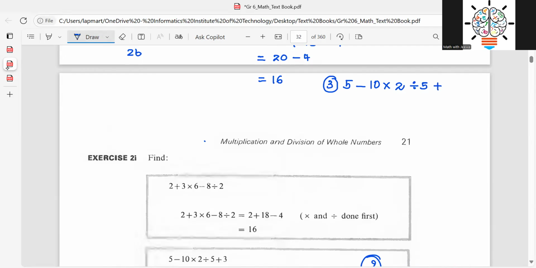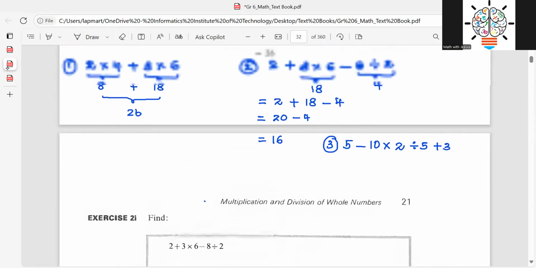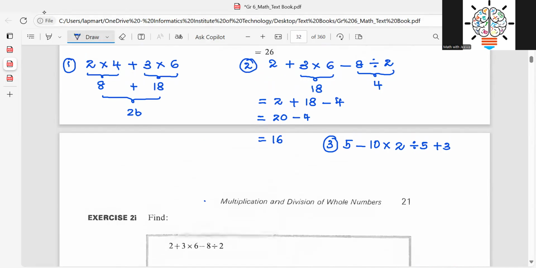Now, according to the order, first what should I take, children? I want to get the division. You can remember the earlier one, I took the division first. So according to BODMAS or BIDMAS, I want to take the division first. But if you look at this division, I have to divide 2 by 5. I can, but it gives me a decimal answer.